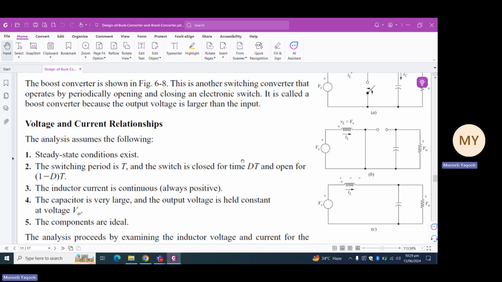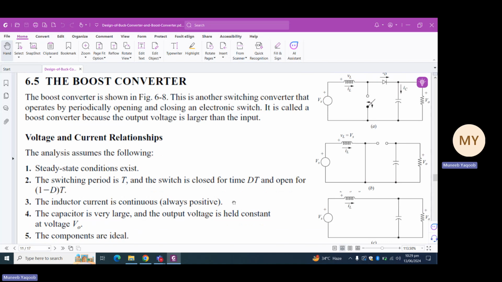Now coming to the figure that is being displayed here, the top figure is where we have shown everything to you: the switch is there which can be closed or opened, and there is a diode.